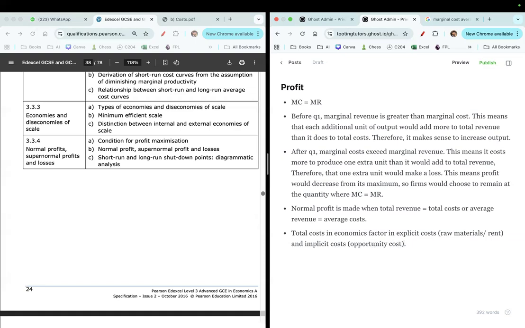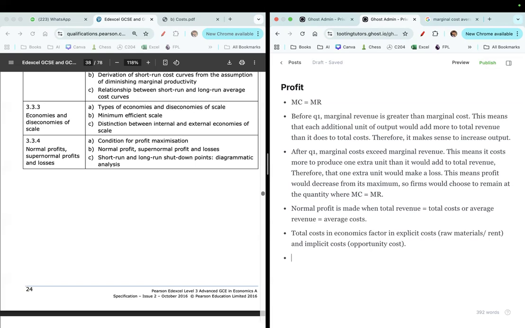And the best example for this is: if I have a job and the job earns £30,000, and I quit my job and start a business and the business makes a profit of £30,000, I'm only making normal profit.